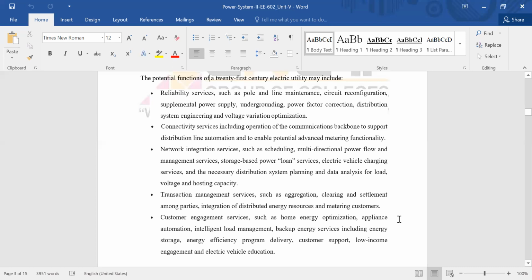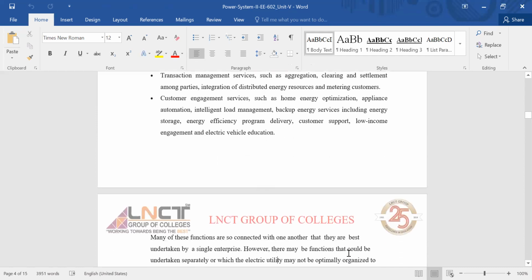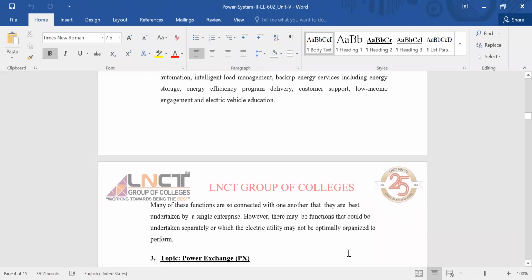That includes energy storage, energy efficiency program delivery, customer support, low income engagement, and vehicle education. Many of these functions are so connected with one another.